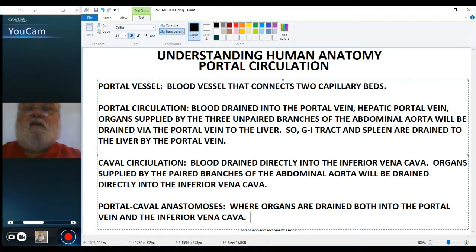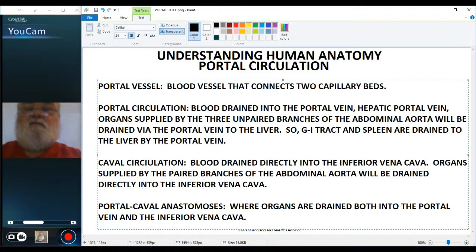In these areas, if one route is blocked, say the route through the portal vein is blocked, then the blood will drain through the caval circulation.